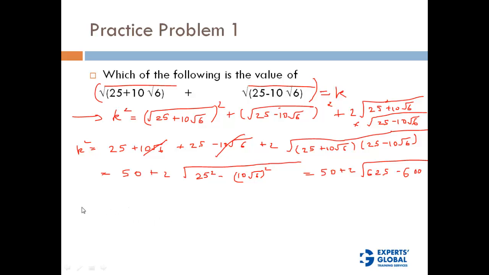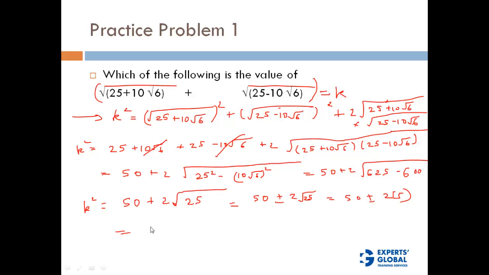So what we get is k square is equal to 50 plus 2 times under root 25. So you'll see that under root 25 has two values. It could be positive 5 or negative 5. So we'll consider both the values. So we'll say 50 plus or minus 2 times root, oh sorry, root 25, which is 50 plus or minus 2 times 5.